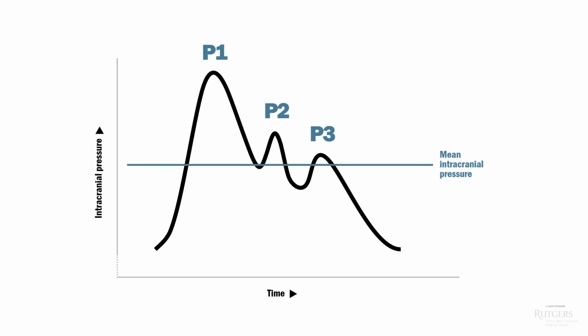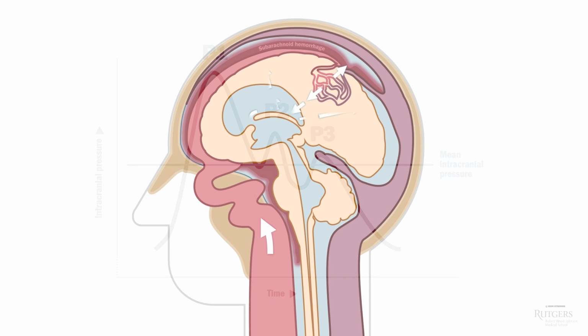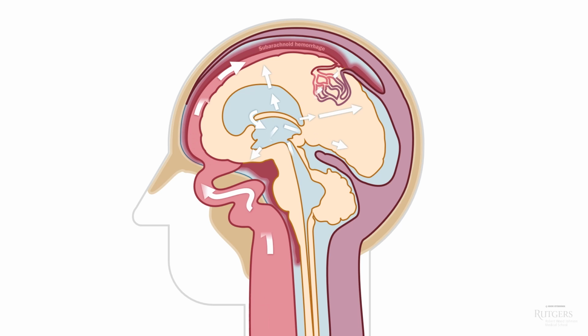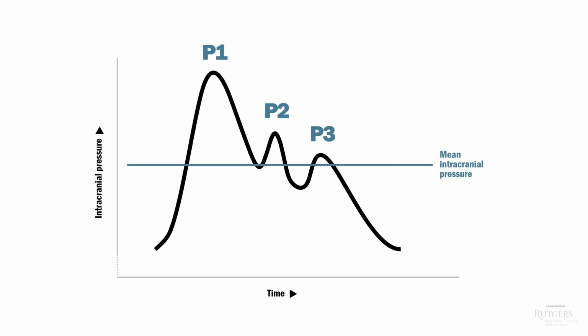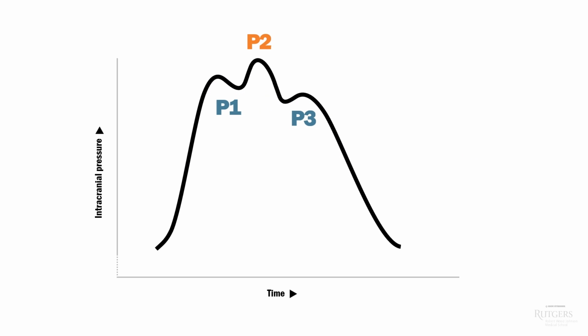Or, better yet, we want to identify patients with poor intracranial compliance and intervene before they go off a cliff and develop intracranial pressure crisis. P2 reflects compliance. So when brain compliance decreases, P2 increases and becomes predominant over P1.